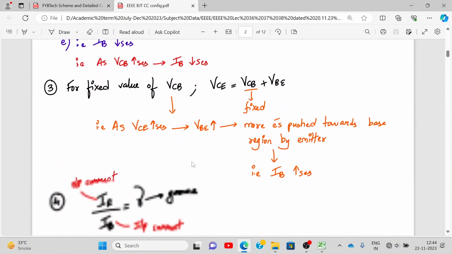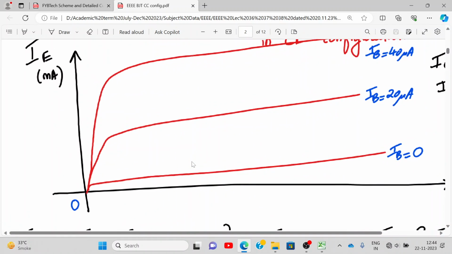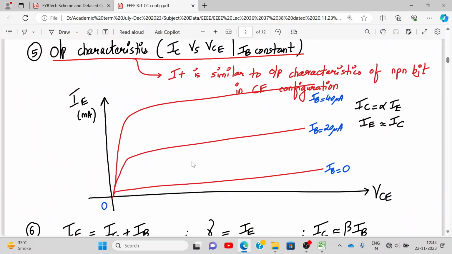Okay. Now first I'll explain output characteristics. So you have not drawn output characteristics of common collector configuration, right? So write down output characteristics IE versus VCE for a constant IB. Please draw the graph.